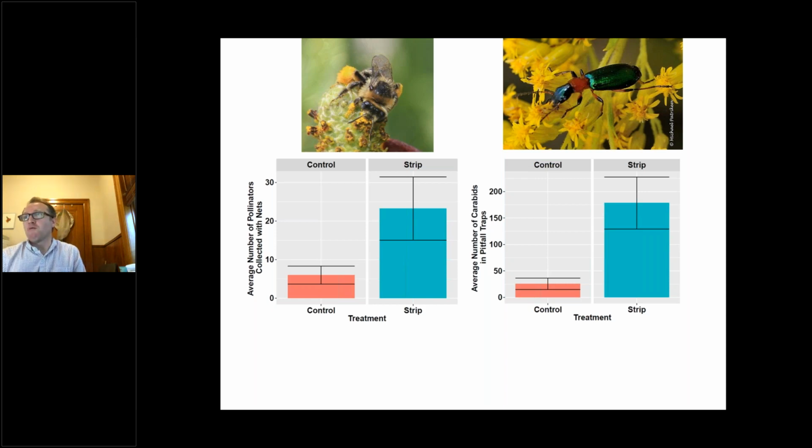Now, we saw this effect almost immediately, which leads me to believe this is not a situation where the bees and ground beetles were building up over generations, but instead were being attracted to these field edges and aggregating there. So it'll be a longer term study to see whether those populations actually increase across the whole landscape.